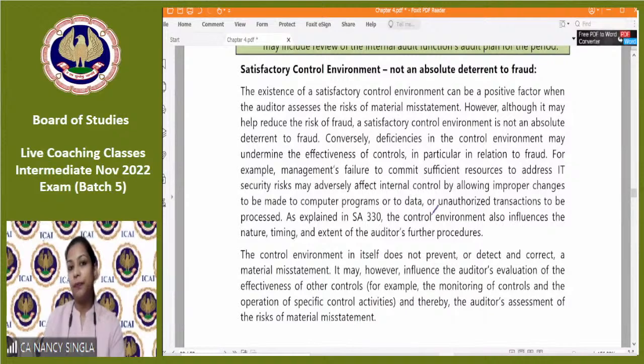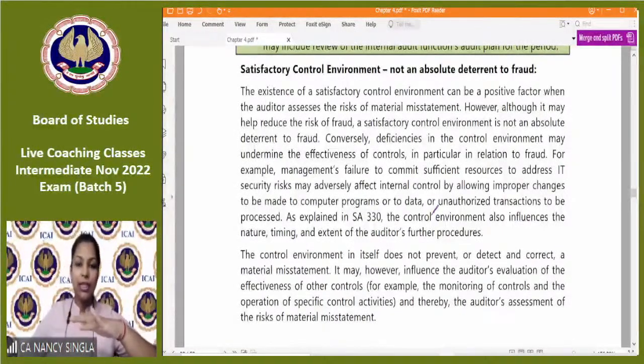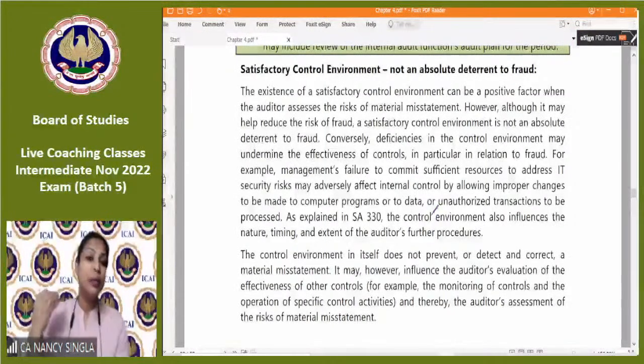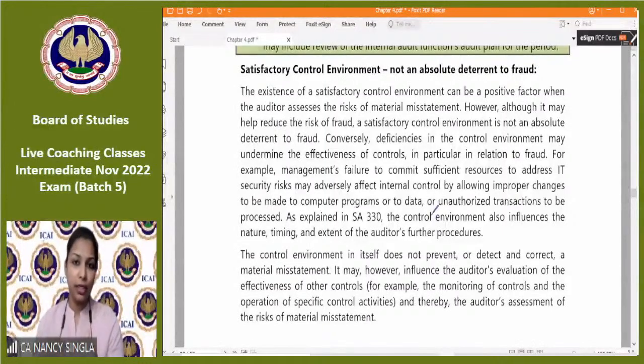Internal control. Let's say a fully automated accounting system is being used by the organization. Now, what is control environment? The management philosophy. Let's say management fails to provide sufficient resources to address certain IT security risk. Management is not too keen towards investing in IT security.